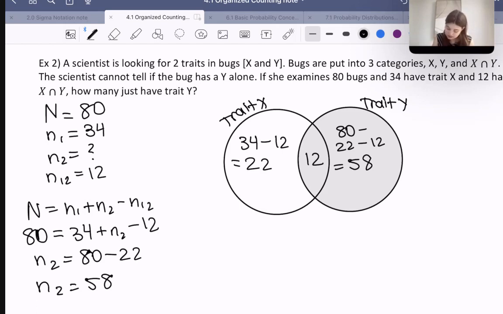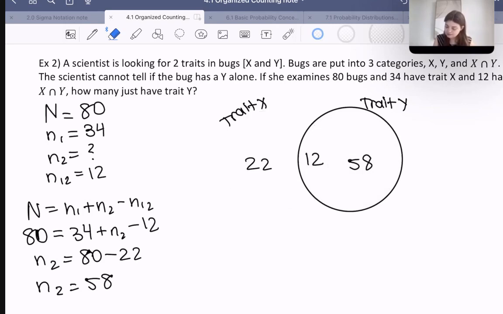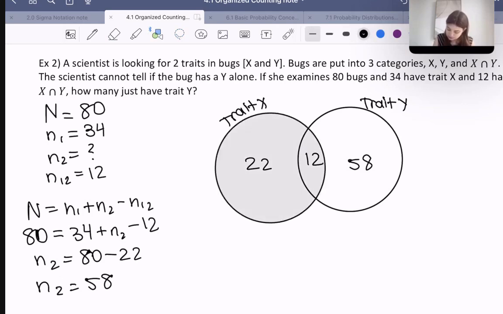So 58 must be the answer, therefore, because basically what we've done here is we've subtracted off everything else in order to figure out that the only possibility is that there must be 58. Oh, and now I lost my circle. Let's put it back. Okay, good enough. Awesome.